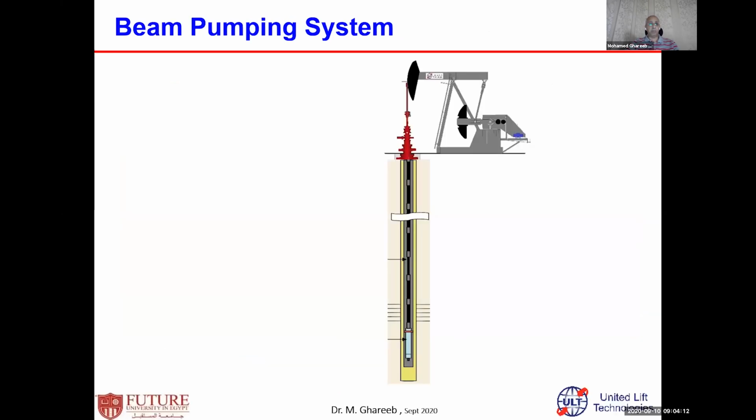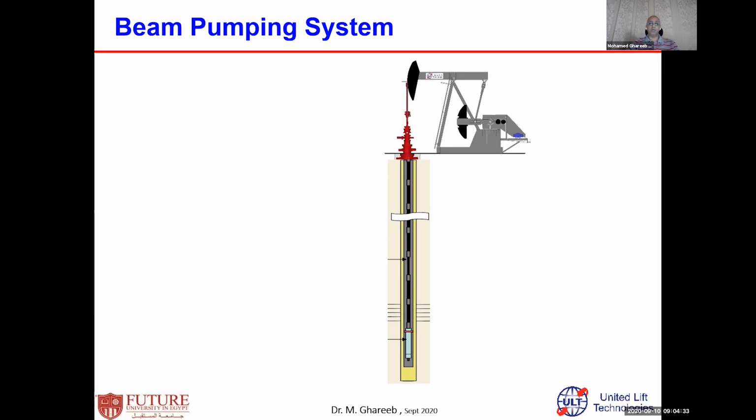For the beam pumping system, we talked about the system itself, the components of the system, and how to design the system. We gave some hints about the design, what type of software we need to design, and what we need to consider while we design the beam pumping system.